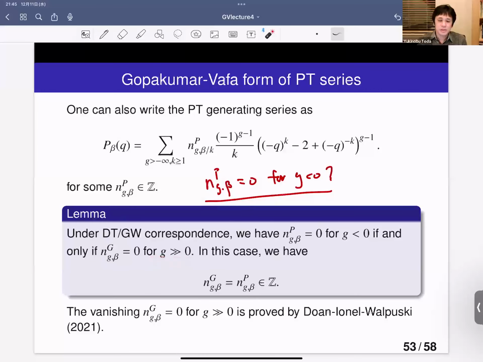So this means that under PT and GW correspondence, it is maybe something like expansion of the two series in different convergence radius. But in order to show that it really matches, we have to show that they are lying in some sort of finite range, so that we have to show either this holds or this holds.